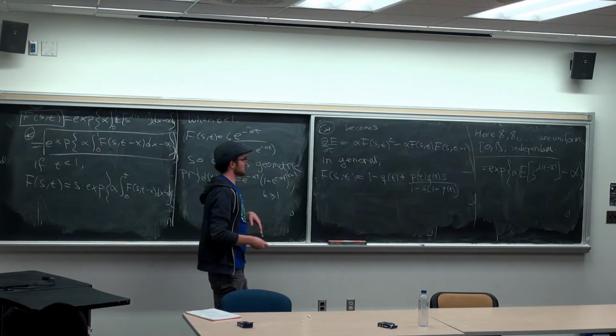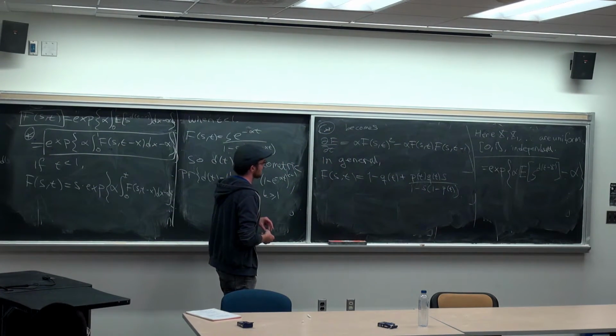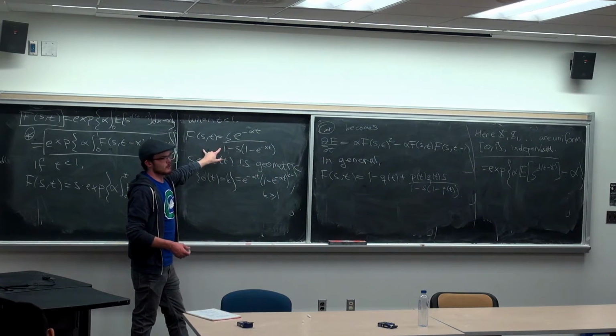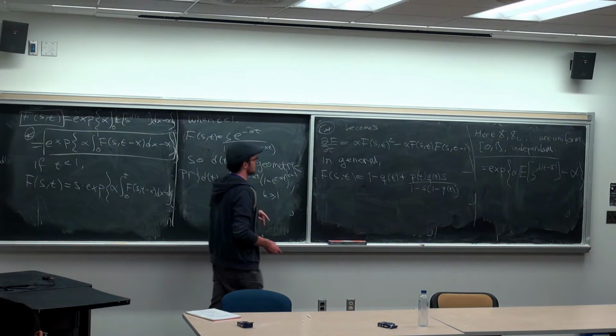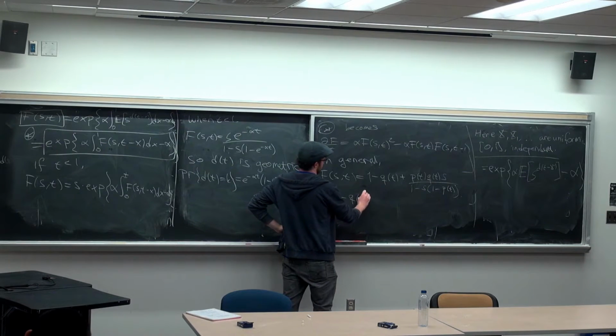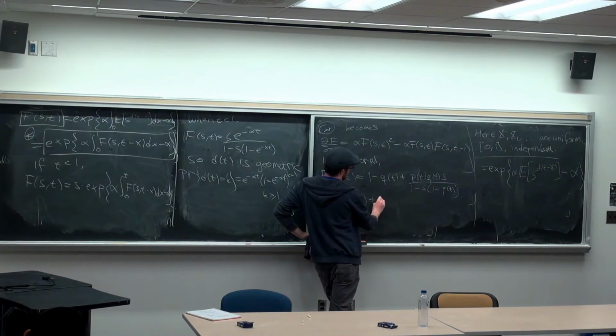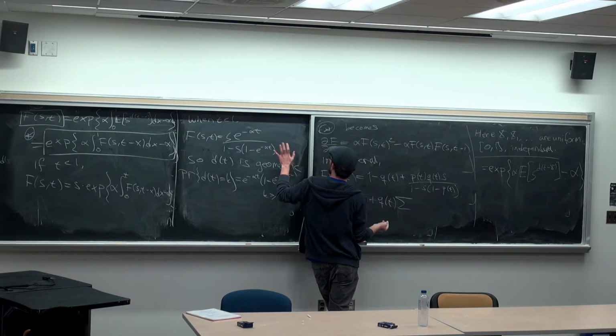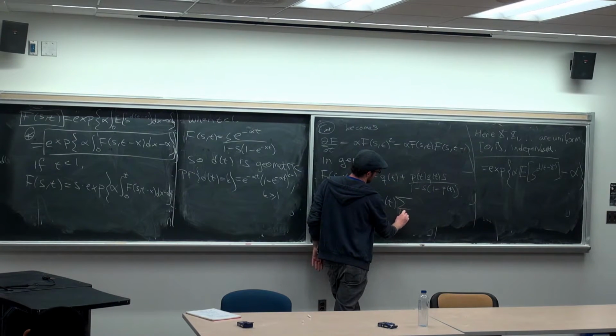I'm not just doing this to show you how complicated everything is. I'm just saying, this looks a lot like the geometric one. Just a slight difference in the beginning. So if we look at this, this is 1 minus q of t plus q of t times the EGF for geometric.